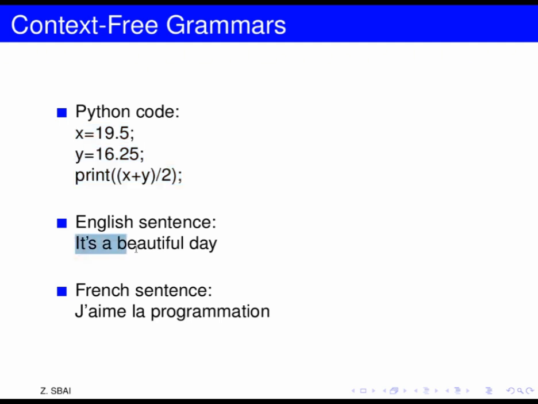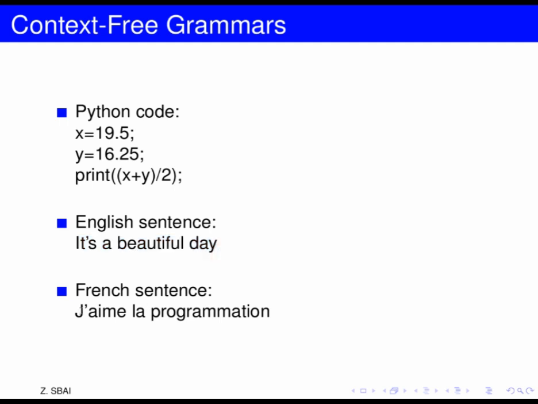If we have an English sentence like this one, it's a beautiful day, in general, an English sentence is composed of a subject and a predicate, and we have the rules to use if we want to see if this sentence is correct according to the English language.